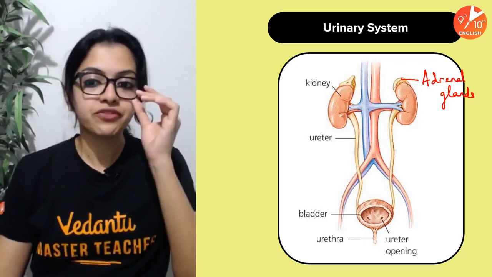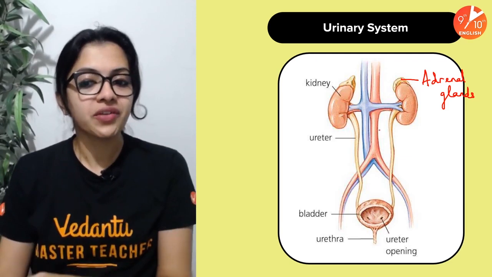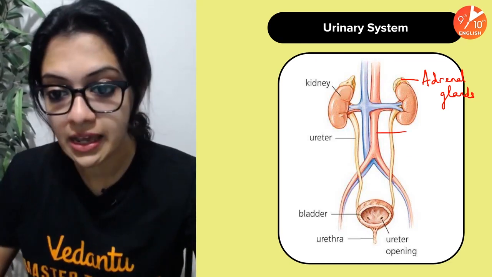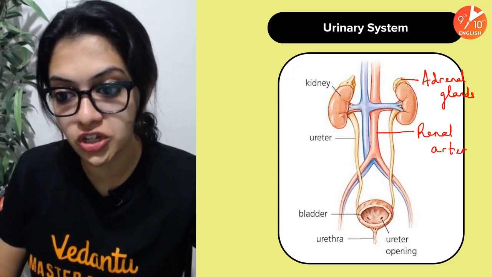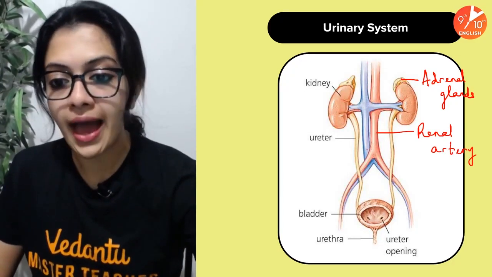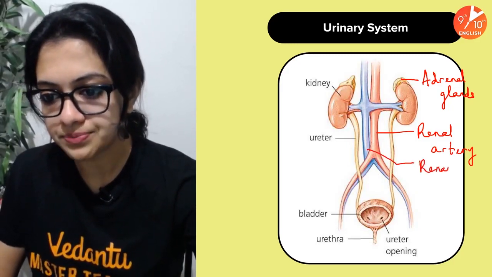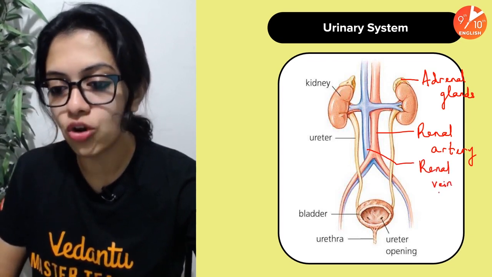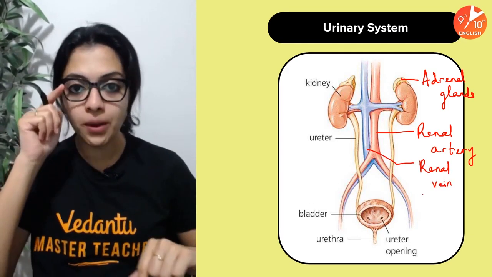And apart from this, there's also blood supply, which you see here in red and blue. The red would be the renal artery, which supplies oxygenated blood to the kidneys, which gets filtered to form urine. And the blue one is the renal vein, which carries deoxygenated blood away from the kidneys back into your heart.